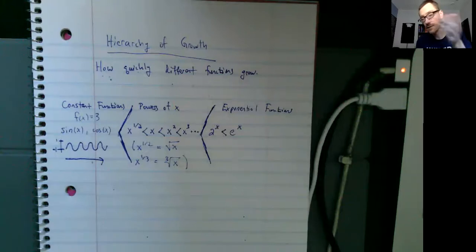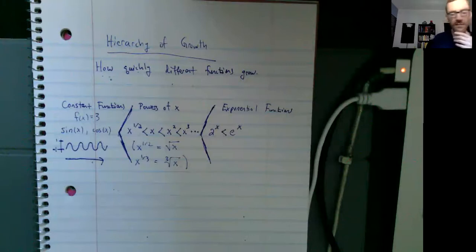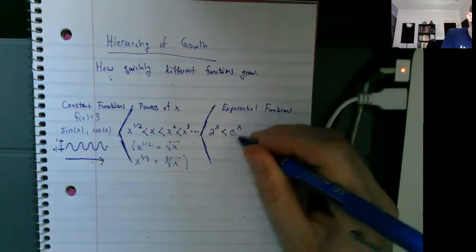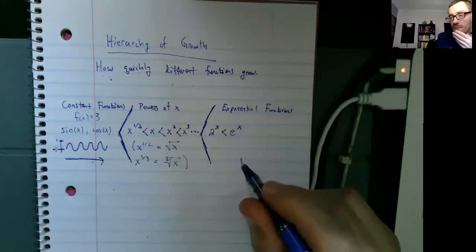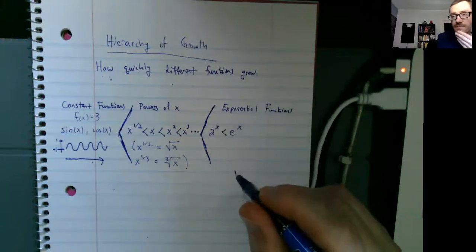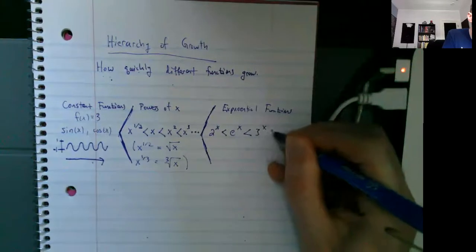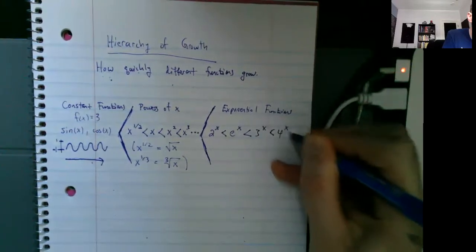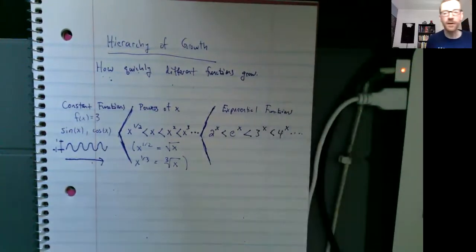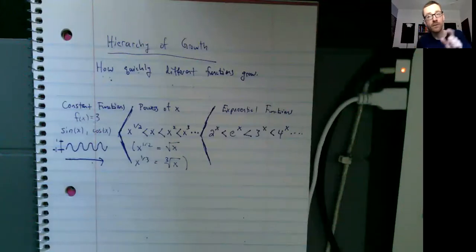It's like 2 point something. If you haven't seen e to the x before, just ignore it. It's okay. Just understand that e is just a special number. It's like 2.6. But anyway, that's less than 3 to the x, which is less than 4 to the x, and so on, right? So exponential functions are functions where the variable is in the exponent, right?